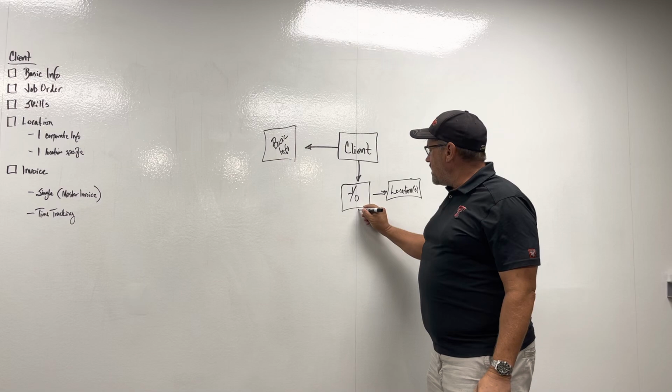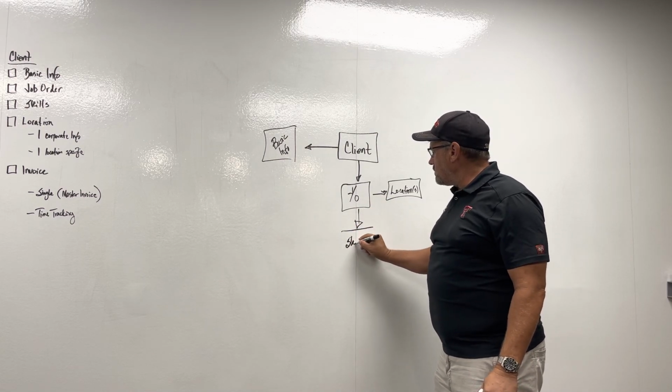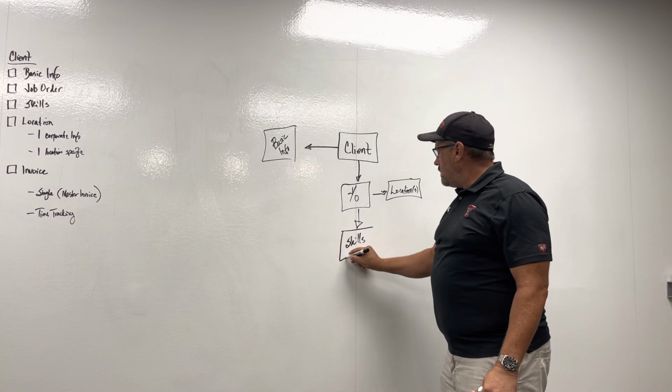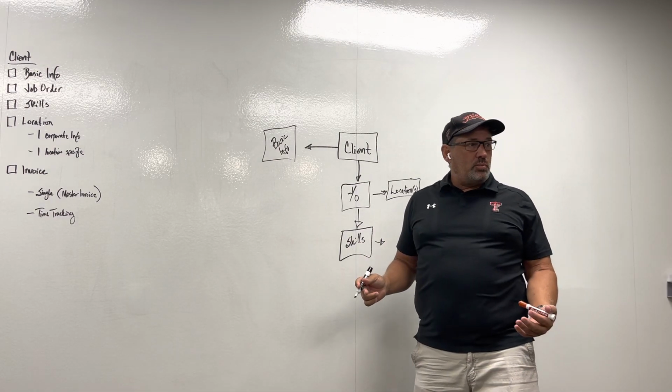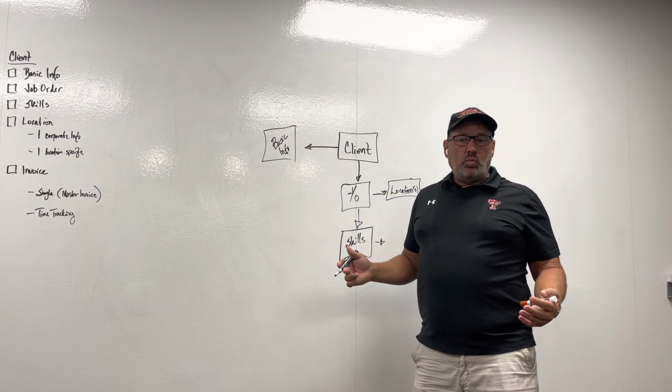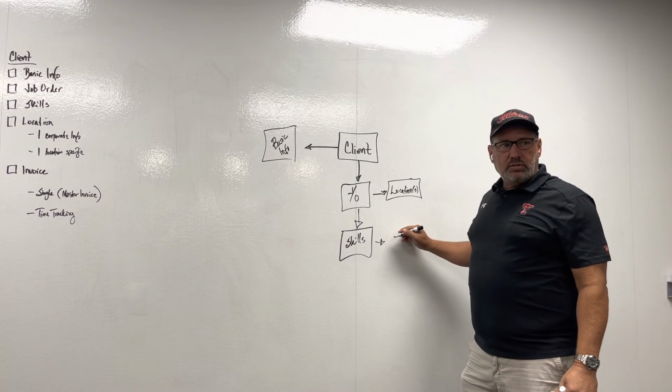Inside of the job order, we're going to have a data bank of skills. And these skills are going to pertain to just about everything across the board. We don't want the client to be able to add skills.